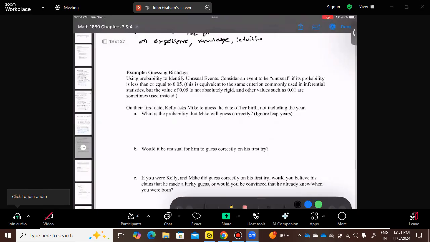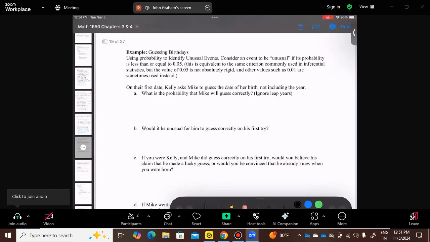All right, so let's look at an example. We're going to go through kind of a few different probability types here, but the last one's definitely going to be subjective. All right, we're going to consider an event to be unusual if its probability is less than or equal to 0.05 or 5%.